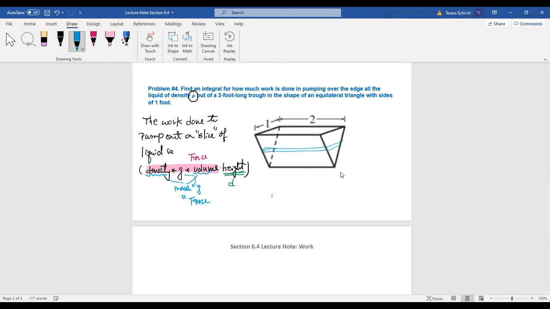Maybe I did it. So imagine that, right? This is the thin slice, the slice of the water you want to pump out.